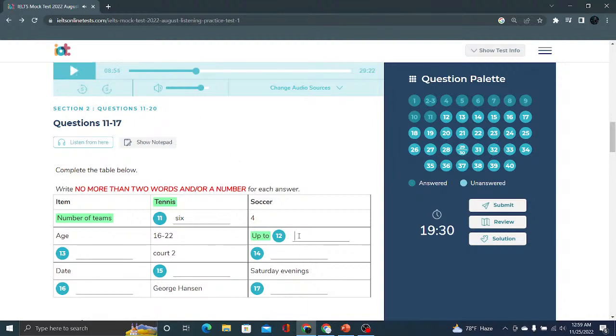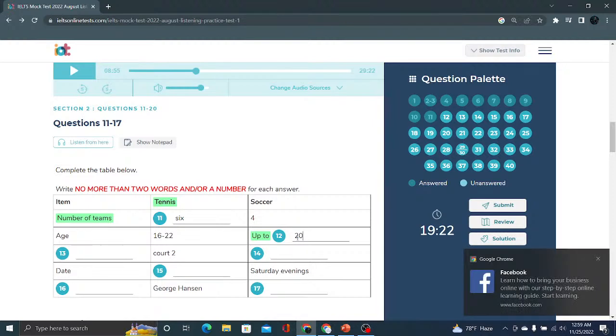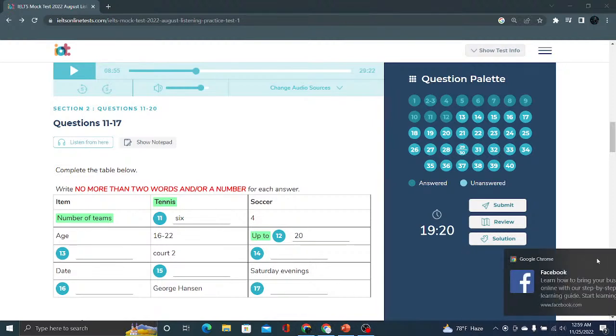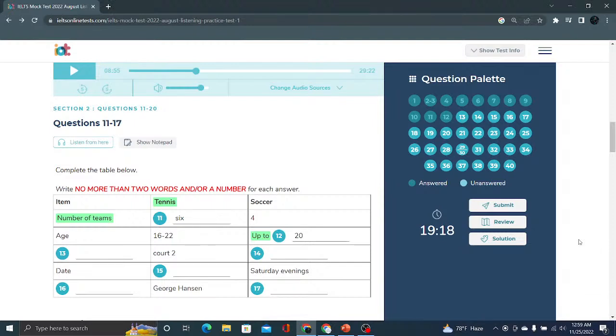So the answer would be 20. She was talking about soccer, and she was saying that there are 4 teams and all players' ages are no more than 20 years old. That's why the answer would be 20. I hope you got the answer right now.